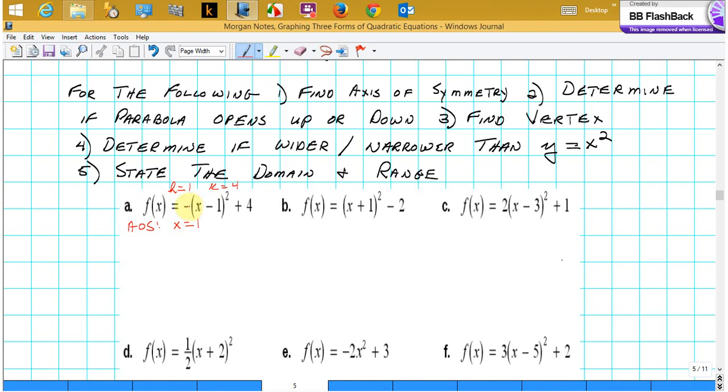Well, a is negative, so this is going to open down. The vertex will be at hk, so the vertex is going to be at 1, 4. Is it narrower or wider than the graph of y equals x squared? It's going to be equal to it because this is a negative 1. So the absolute value of a is 1, so this is going to be the same width.